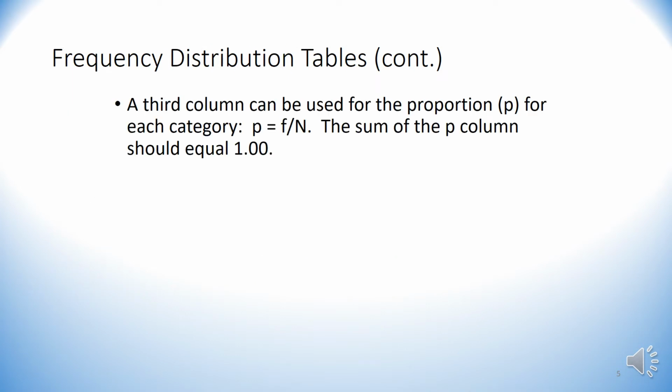A column can be defined for the proportion. It is not compulsory to make this third and fourth column, but if we are converting this frequency distribution into a probability distribution, the proportion column is going to play its role. How do we calculate the proportion? Proportion is nothing but the cell frequency f divided by the total number of observations.